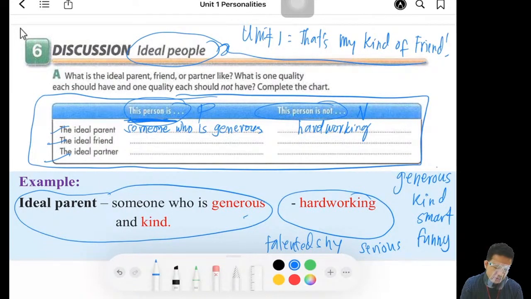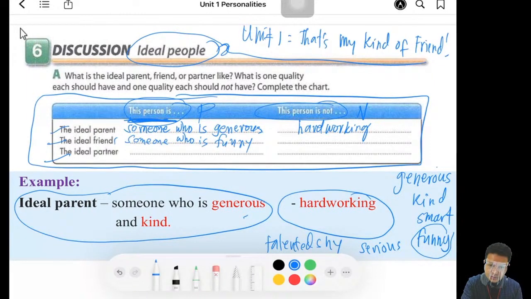Okay, now let's try to use another type of person, which is your ideal friend. Remember, you're going to use someone as your indefinite pronoun. The ideal friend, this person is someone who is, for example, funny. Okay, so this is our positive personality.